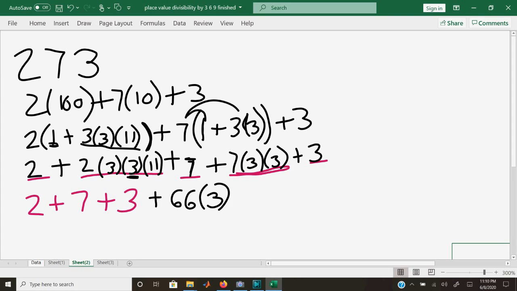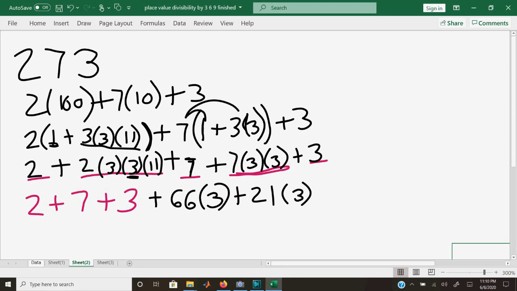I have to keep subtracting 3's until I can take out no more 3's and count how many 3's I have subtracted. I'm going to say 7 times 3 times 3 is 21 times 3. So I've got my original digits, 2, 7, and 3, plus 66 times 3 plus 21 times 3.